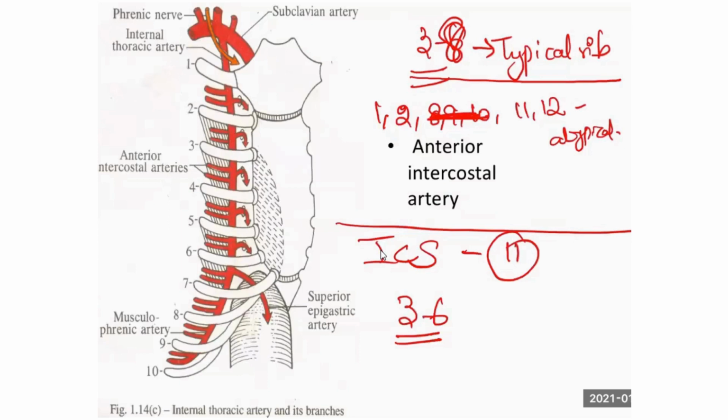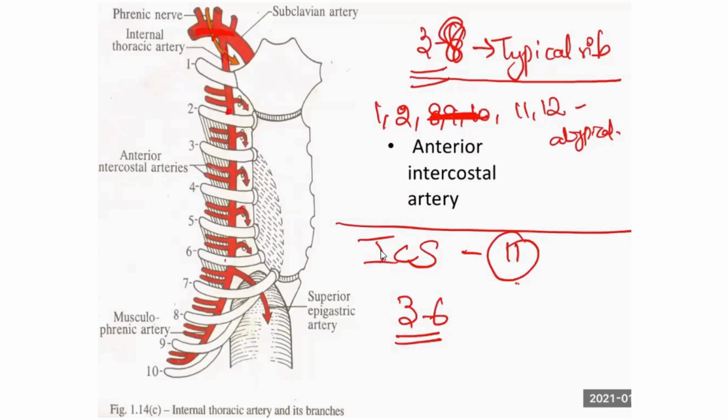Each intercostal space contains what? Muscle, vein, artery, nerve. So, the anterior intercostal artery. Can you see on the picture 1, 2, 3, 4, 5, 6, right? I said how many intercostal spaces? 11, right? Now you see on the picture, it is arising from the subclavian artery for the upper two spaces. All other spaces, it is arising from the internal thoracic artery.